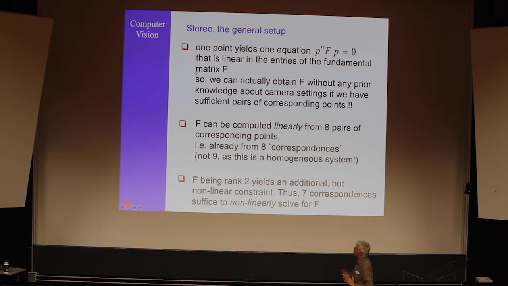Determinant of F is 0. If you do that, you're left with the task of only finding 7 pairs of corresponding points. And you can still go after F when also demanding the rank of F to be 2. Unfortunately, that last equation of the rank being 2 is no longer linear in the elements of F. It is cubic. And that is because of the following reason.